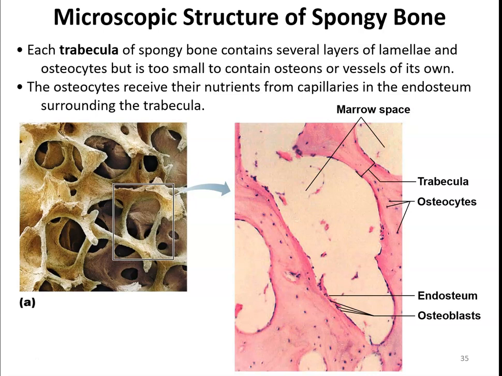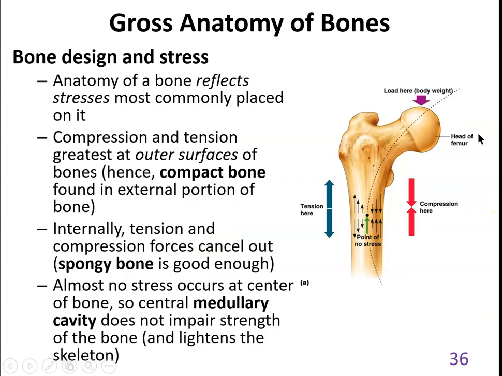Spongy bone is not nearly as complicated. So it doesn't have osteons or its own blood vessels. It is all in contact with bone marrow that has blood vessels and stuff. And yeah, endosteum. So the endosteum is going to connect to the osteocytes and nourish them, so to speak.